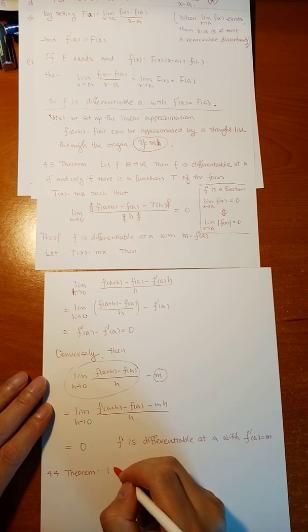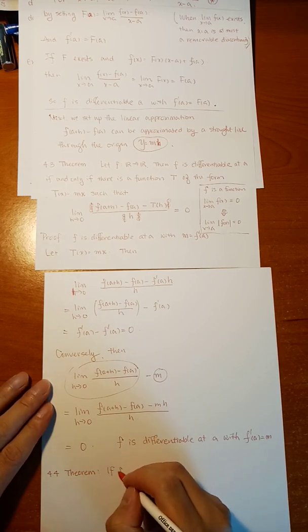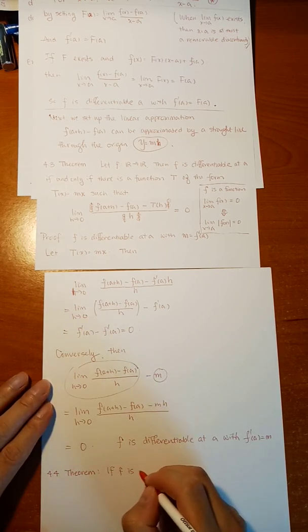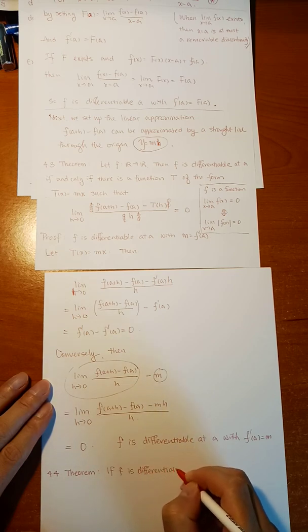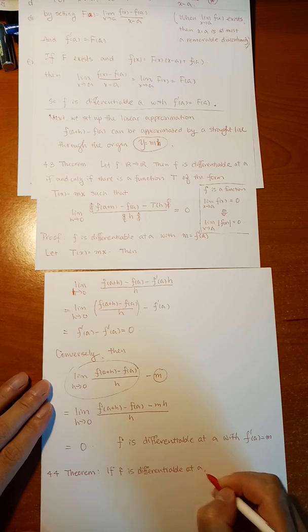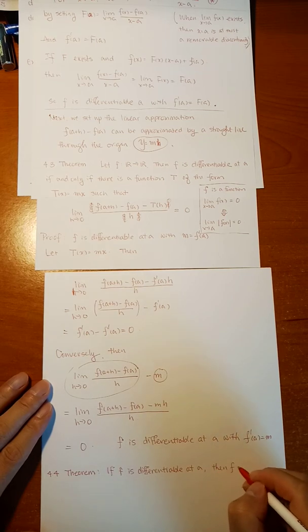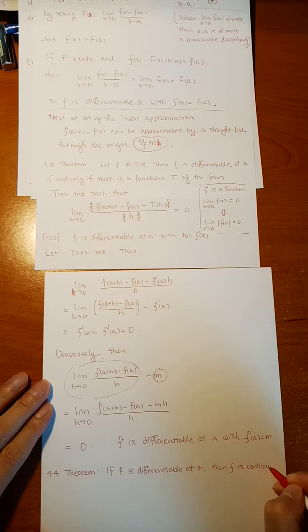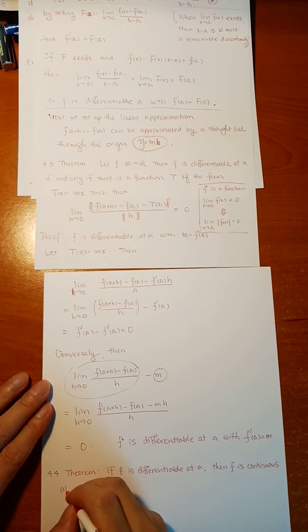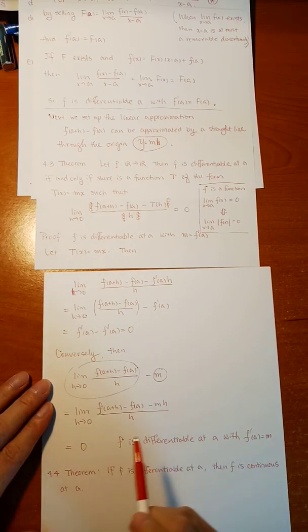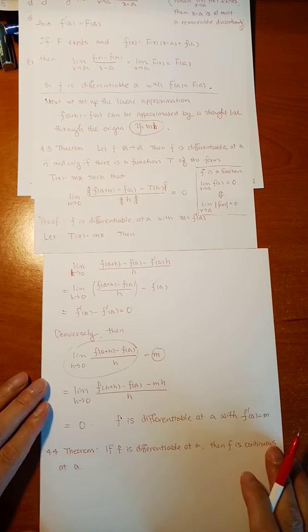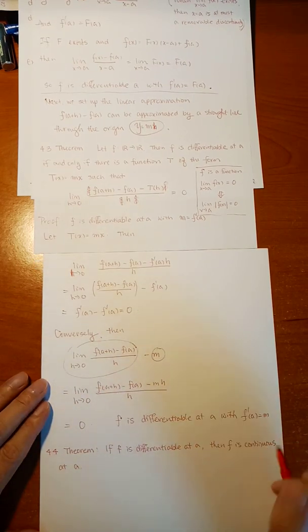But of course, we get this result: if f is differentiable at a, then f is continuous at a. Differentiability means you have a smooth curve. Continuity just means you have a connected curve. So differentiability is stronger than continuity.